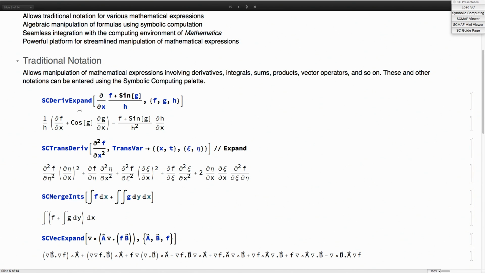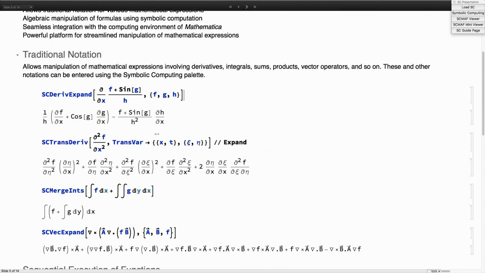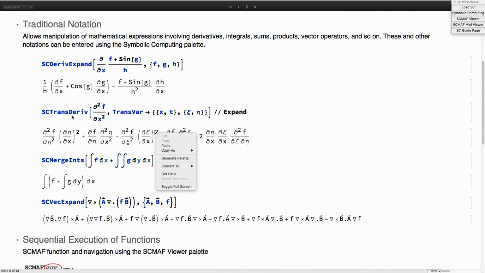All of the functions in the package start with SC, meaning symbolic computing. For example, SC derivative expand, and then this is expanded. This is the output. And SC transform derivative: we have a second derivative of f, and this is the option for specification of transformation of variables.